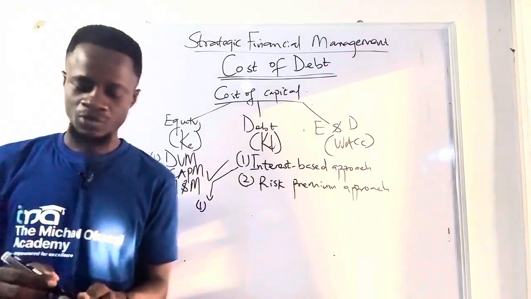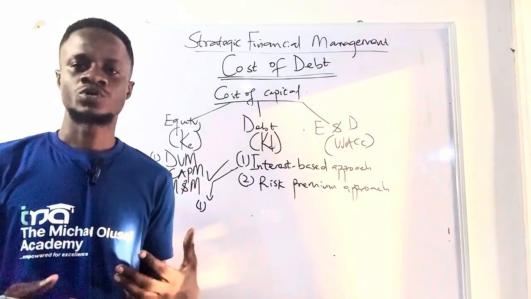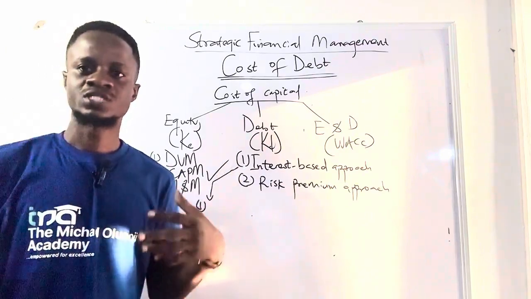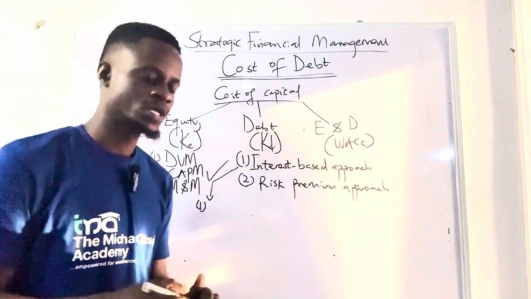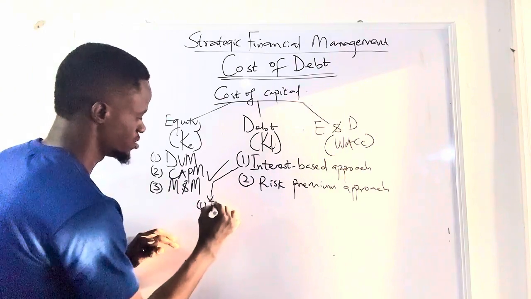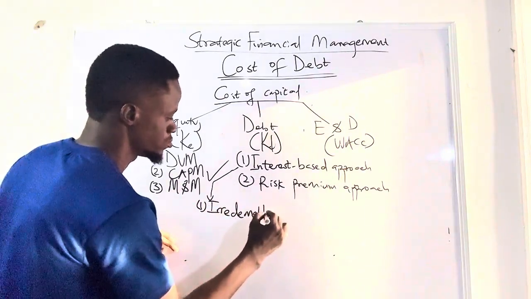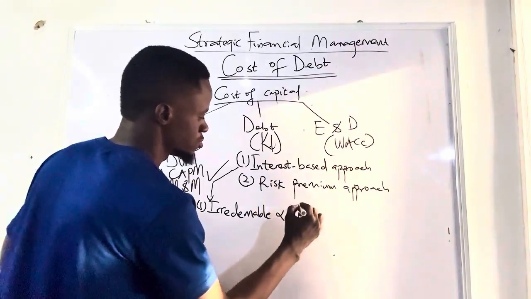So focusing on the interest-based approach, there are types of debt. Every ICAN question will come around these scenarios. The first one is irredeemable and non-traded.